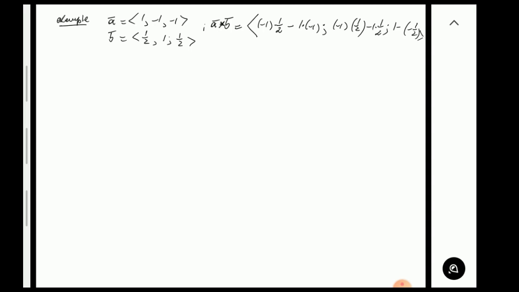Like that. So if we simplify it a little bit, that's minus 1/2 plus 1 gives me 1/2. Middle guy is minus 1, and then the last one simplifies to 3 over 2. All right, so that's the cross product.